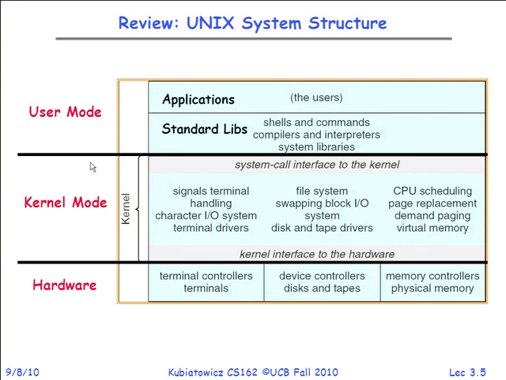Kernel mode tends to be all of the things that we traditionally think of as the operating system: file system, CPU scheduling, virtual memory. In the case of Microsoft, it's also graphics and a few other things in kernel mode down here. And that is the protected mode. The user mode is everything else. Those are your applications that are running using services from kernel mode.